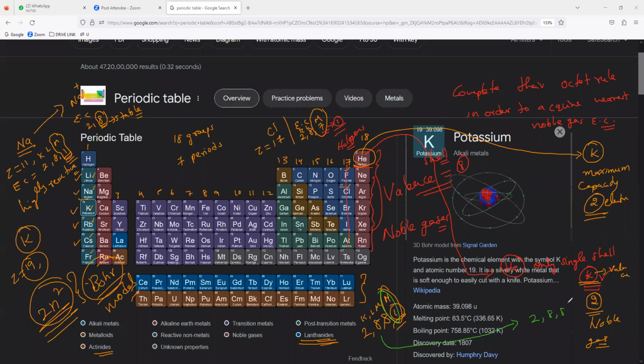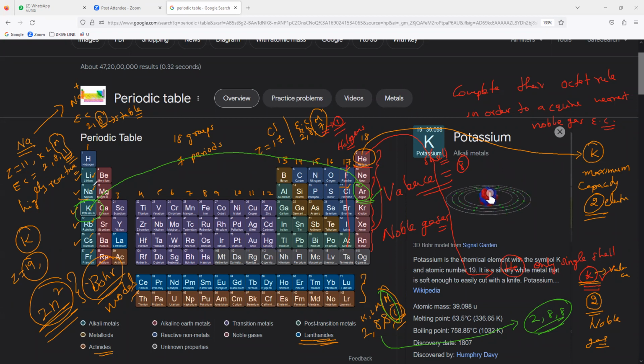2, 8, 8. Which is the nearest stable electronic configuration? Check it, everybody. 2, 8, 8. What is the name? Argon. So by loss of 1 electron, potassium acquires the nearest electronic configuration of which noble gas? Argon.